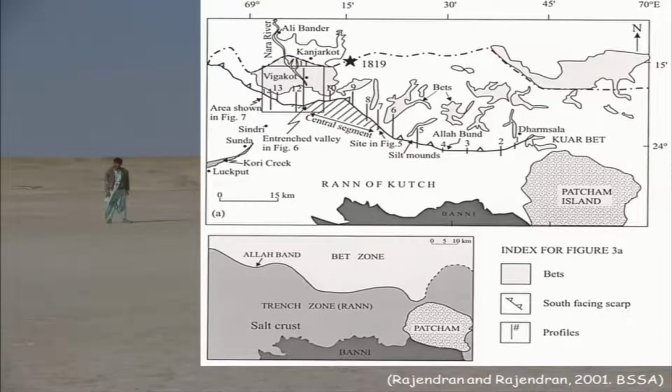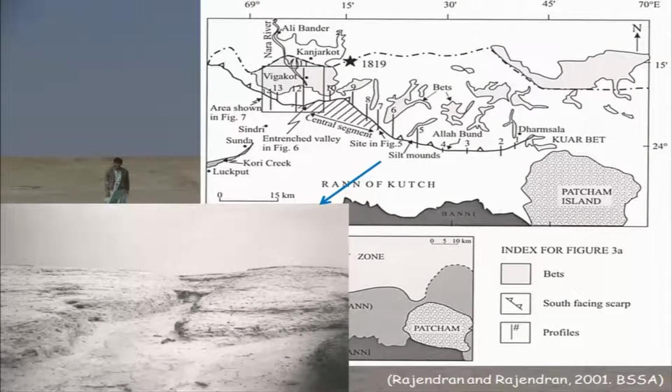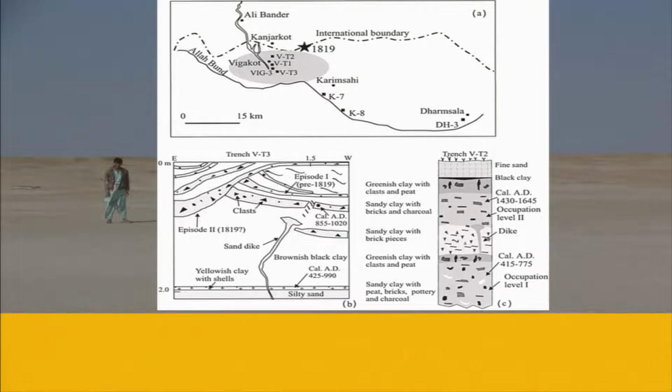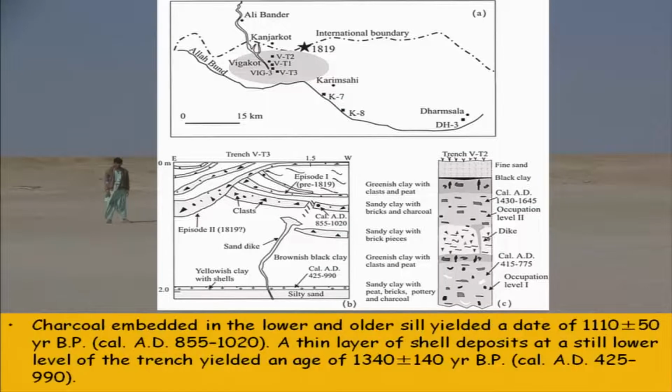Now, previous studies before us talk about multiple events. They looked at the element scarp, the landform, and showed that there were events of liquefaction because of strong ground shaking during different times.